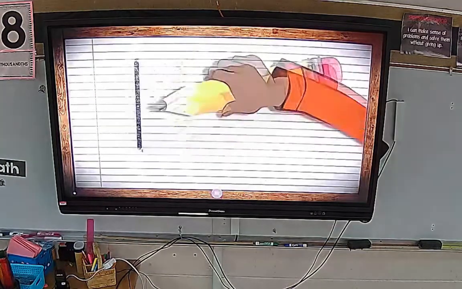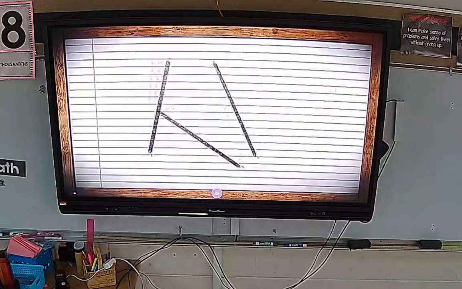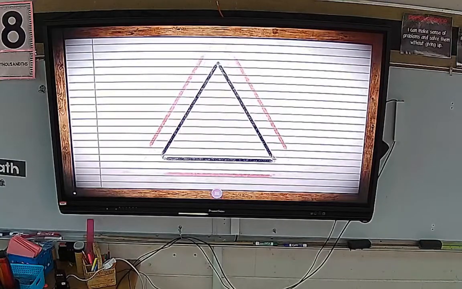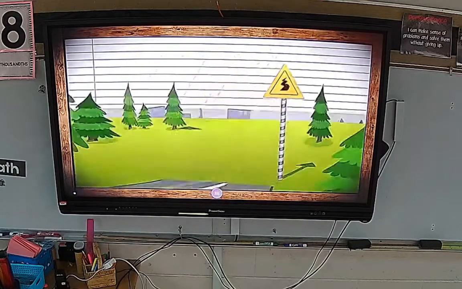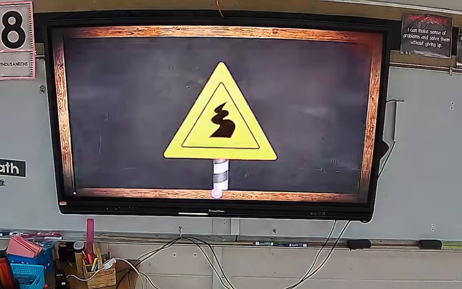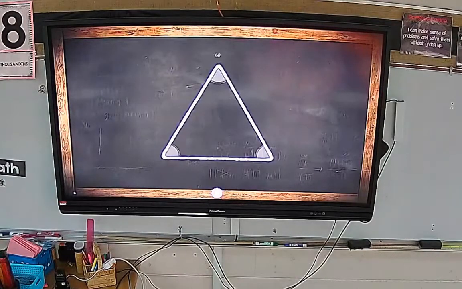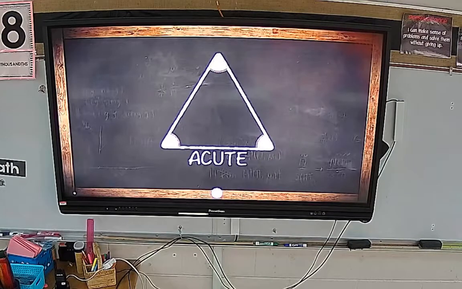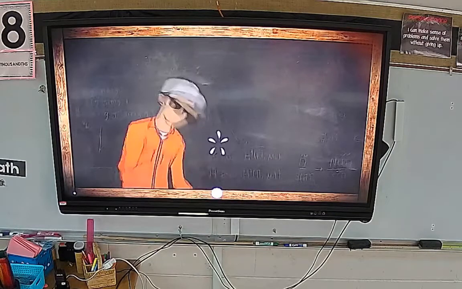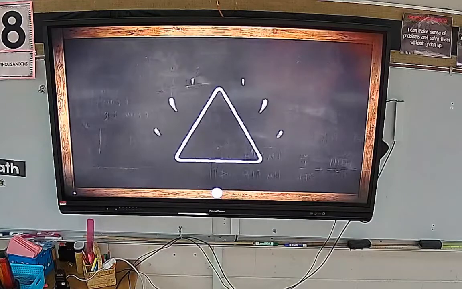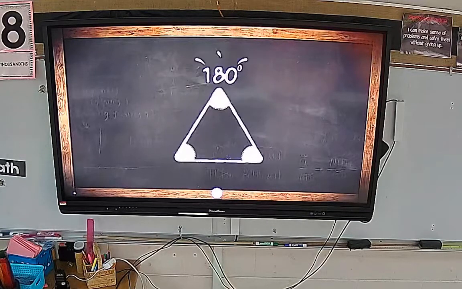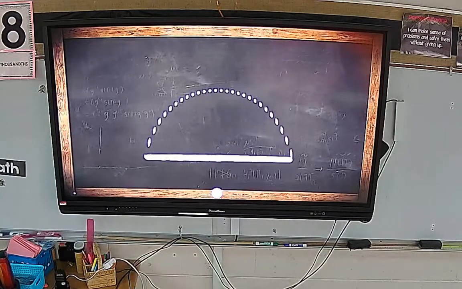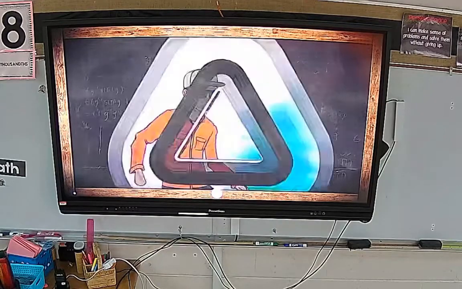If the length is equal on every side, say it's equilateral like this road sign. And since every angle's less than 90 degrees, an acute triangle it will also be. If you add up every angle, there are 180 degrees in a triangle.